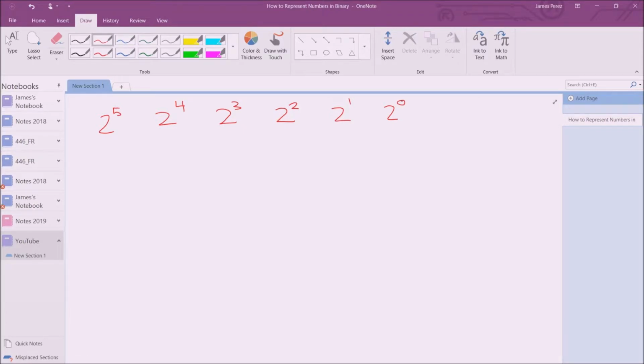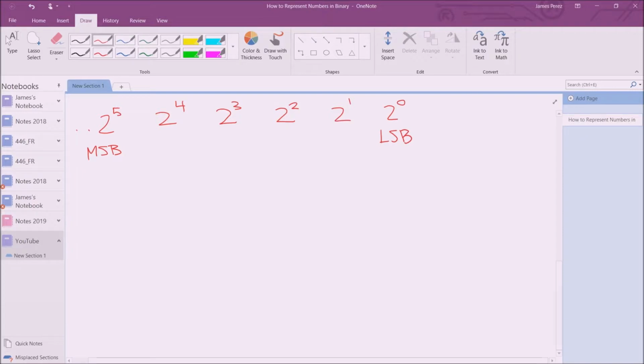You start at 2 to the 0 all the way to infinitely many numbers. So this is called the least significant bit, and this is called the most significant bit. There's a reason why they're called most significant and least significant, but I'll go into that in another video.